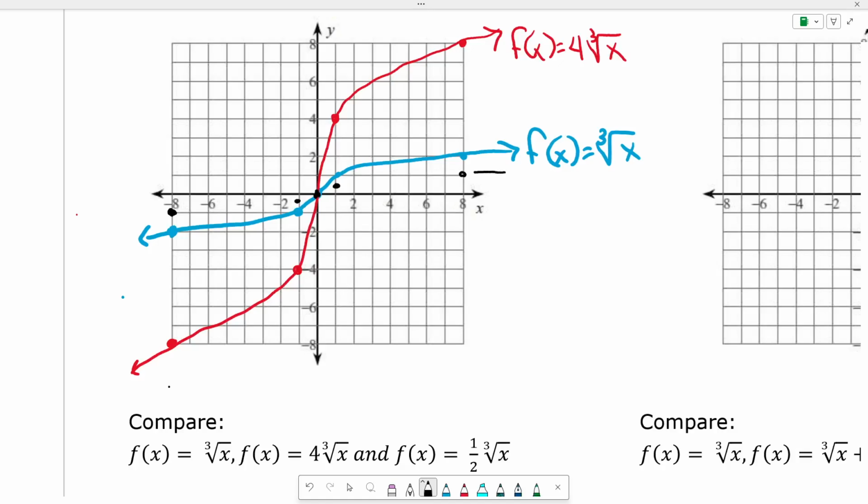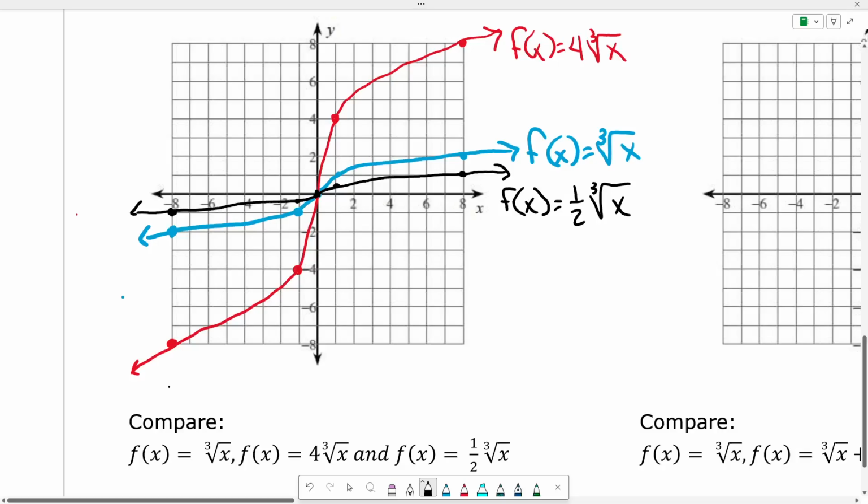So notice how this one is a lot flatter and skinnier. This one would be my f of x equals 1/2 the cube root of x. So just like with our cubic functions, the cube root functions, when you multiply by a number on the outside, it's either going to stretch it or compress it.